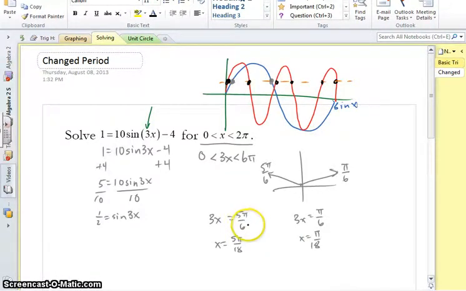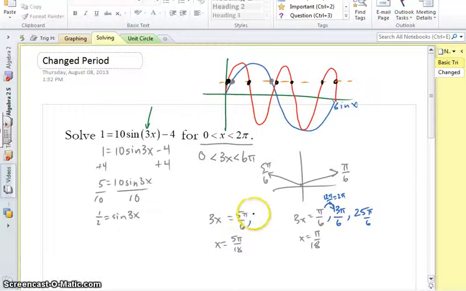We should also have had what happens when we go around another rotation, 13 pi over 6, and one more rotation, 25 pi over 6. Notice here I'm just adding 12 pi over 6, or 2 pi, to come to the next answer. So then we should also here have 17 pi over 6 and 29 pi over 6.